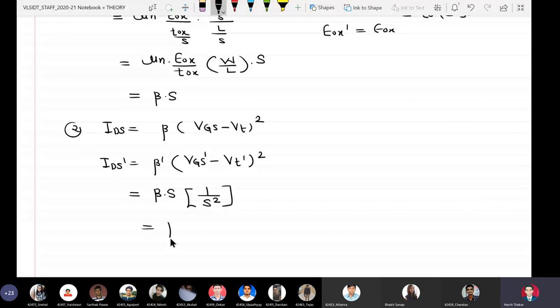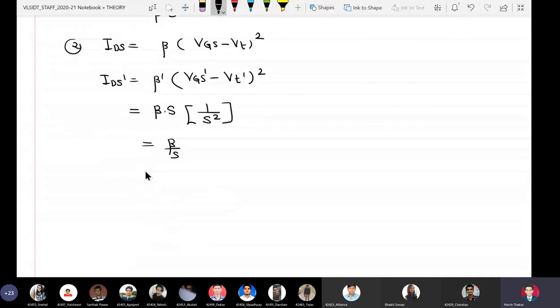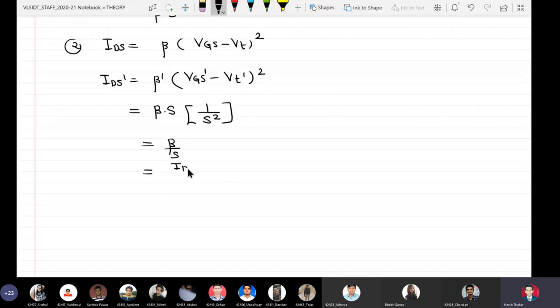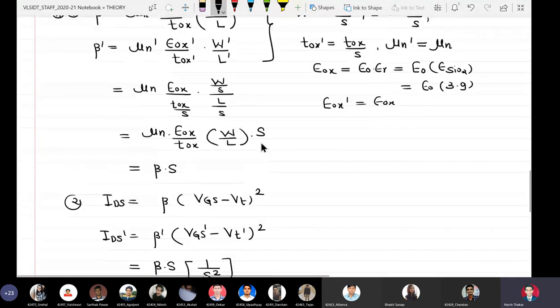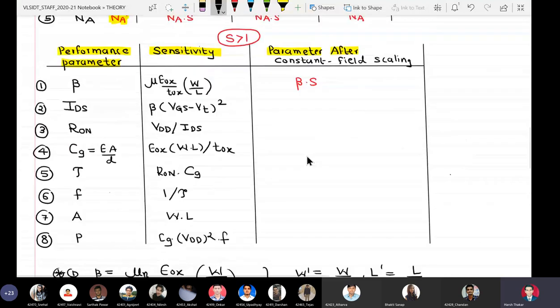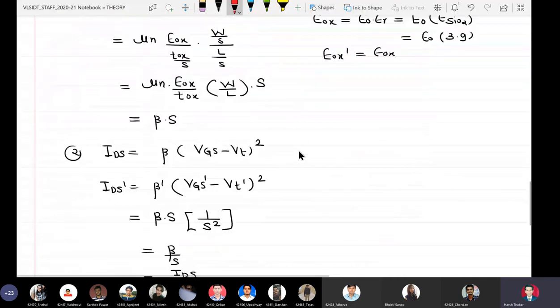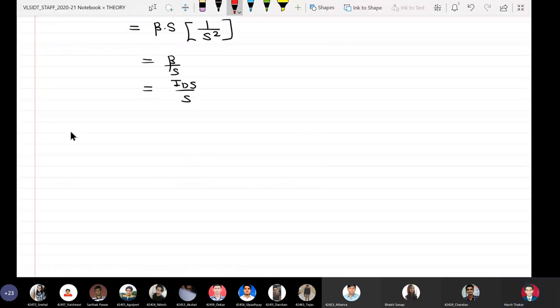So it becomes beta upon S. So basically my new value of current is IDS upon S, which is actually good because the current has been scaled down. So we can write that the new value is IDS upon S. Okay, R on, the third parameter.